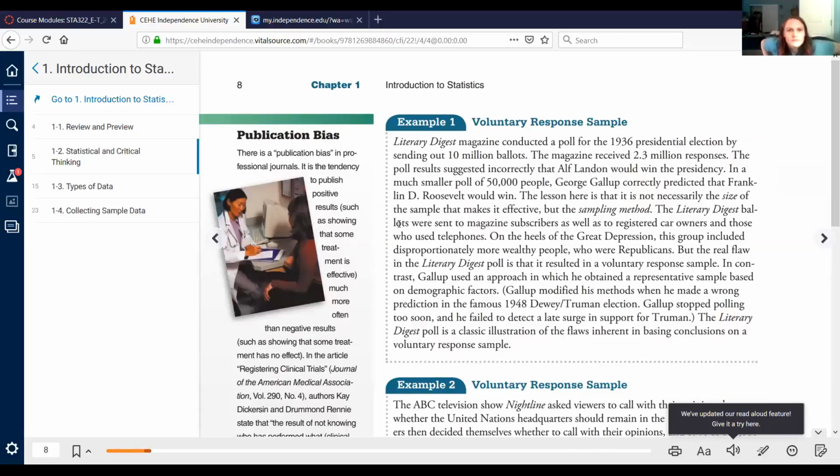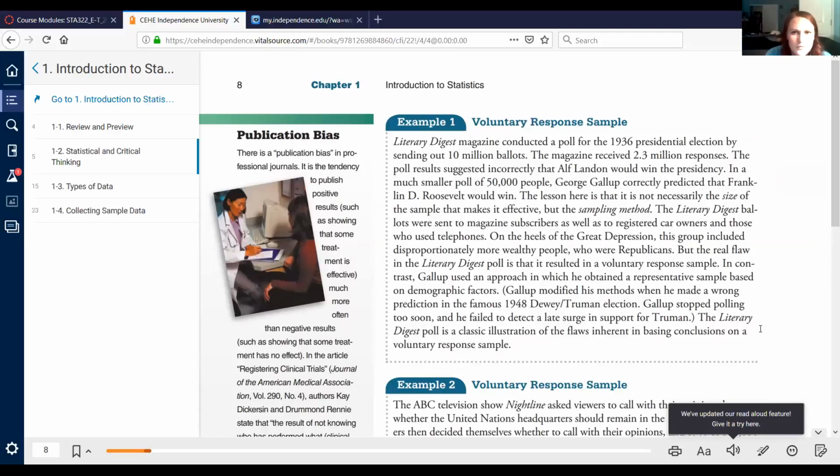Thank you. Anyway, what Gallup did was that he attained a sample that was more diverse demographically.